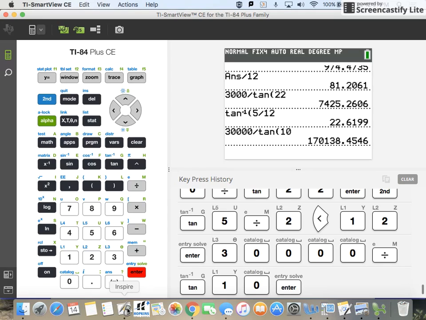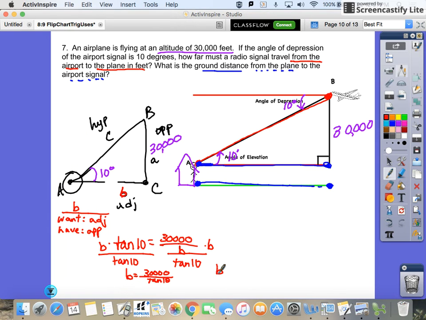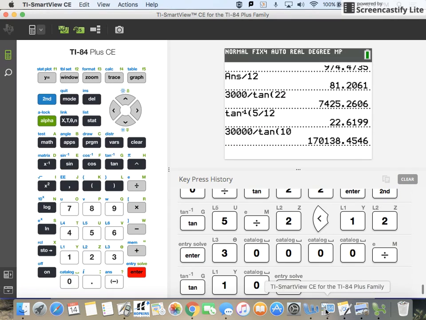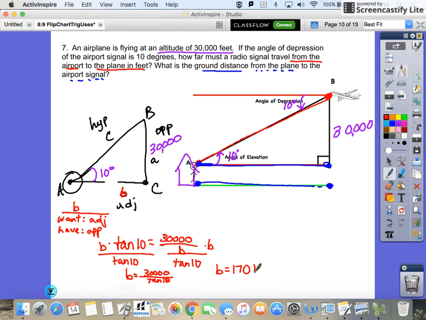I'm probably going to forget that. Yep, already forgot it. And that's feet. So that's 170,000 feet away. So this guy's 170,000 feet away. That's this right here, okay?